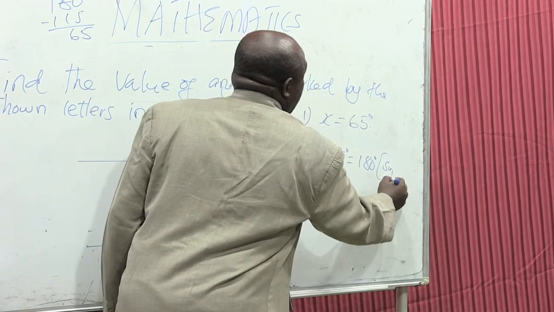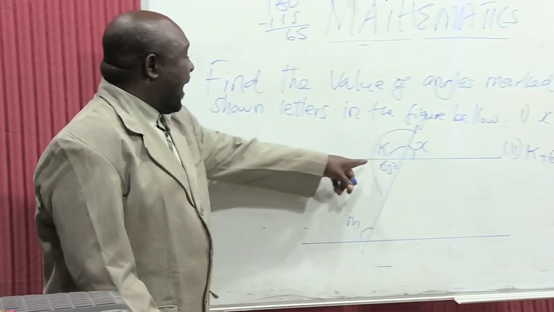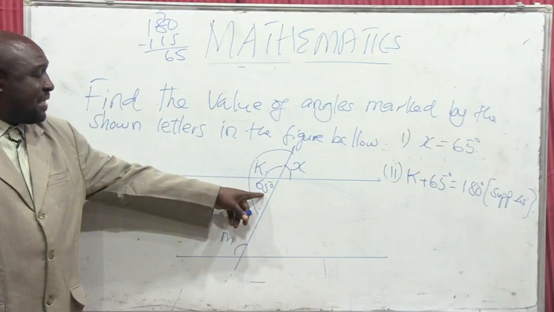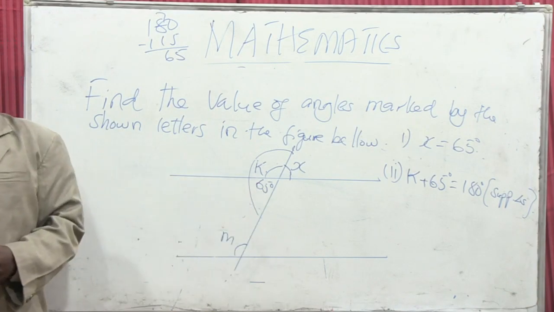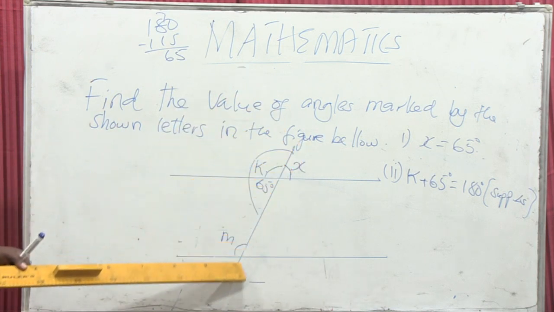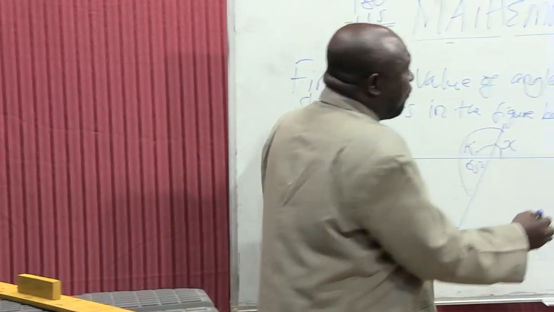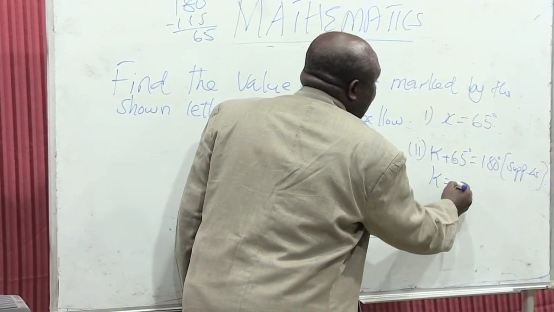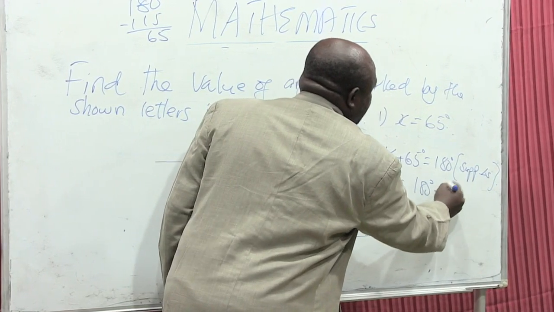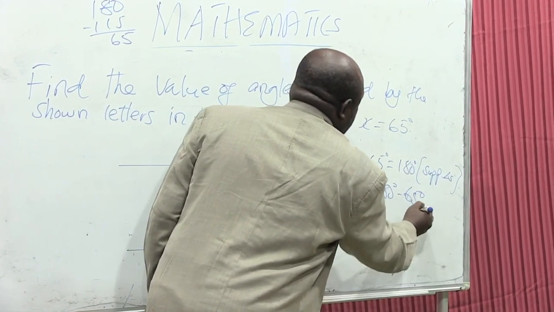Reason? Supplementary angles. K and 65 degrees supplement each other. Look here, the straight line this way. Thank you. So you solve. The value of K is equal to 180 degrees minus 65 degrees.